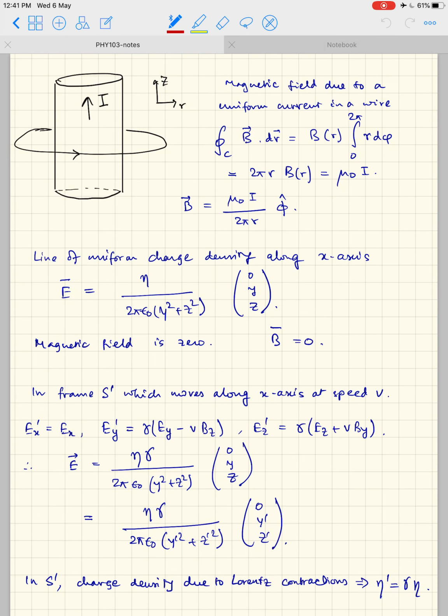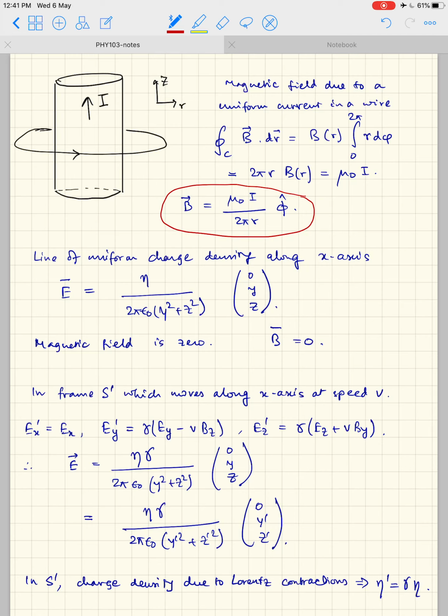And similarly, when we are looking at a current moving in a wire, we find that B is again proportional to 1 over r, and it's along the phi direction.